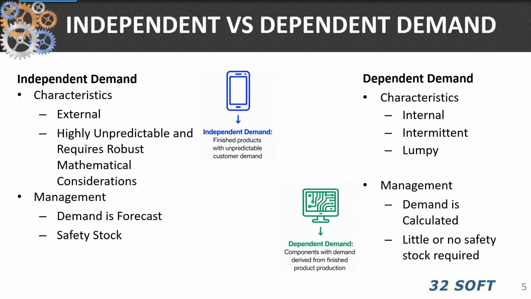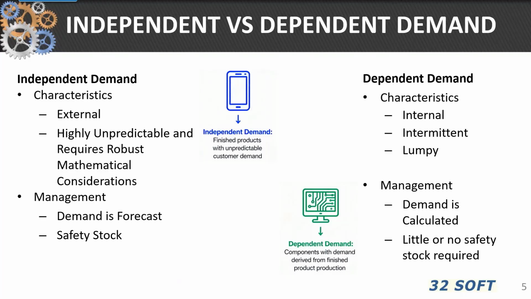Dependent demand is demand for an item based upon a child-parent relationship and is calculated through the explosion of the bill of material in material requirements planning. This type of demand is internal, intermediate, and lumpy. Little or no safety stock is required for this type of demand.